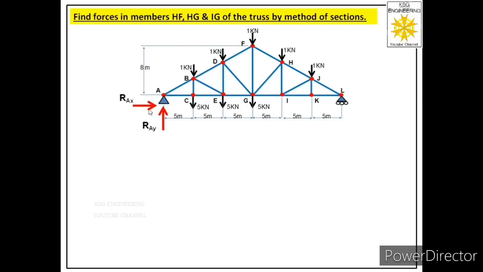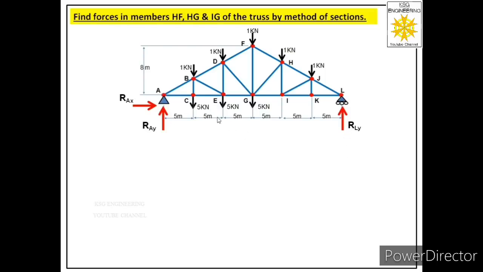We have labeled this reaction as RAX, that is reaction at A in X direction. Now let us label the reaction at roller support, and we know roller support provides only one reaction, that is normal to its surface, and for this reaction we have assumed its direction in upward direction. Let us call this RLY, that is reaction at L in Y direction.